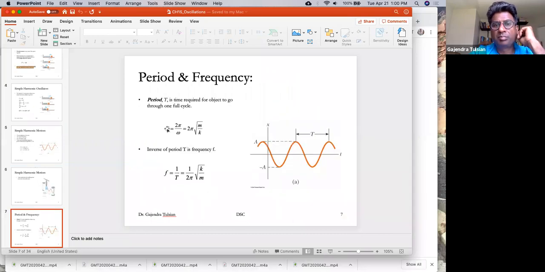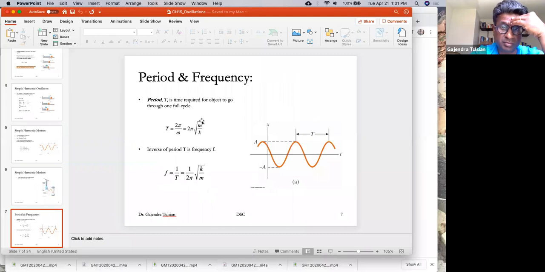All right, so the period of oscillation, as you saw, the period was the time it took for the object to oscillate once. The period is given by 2 pi times square root of the mass divided by the spring constant. And again, this formula works assuming the spring mass is negligible.